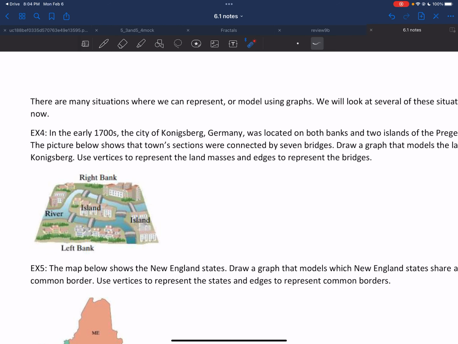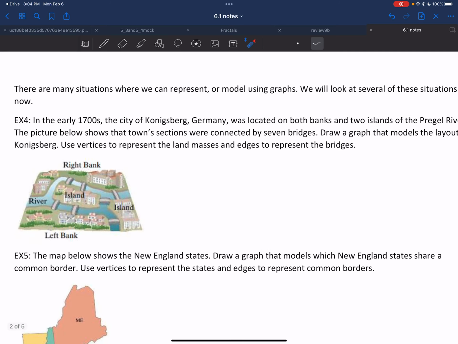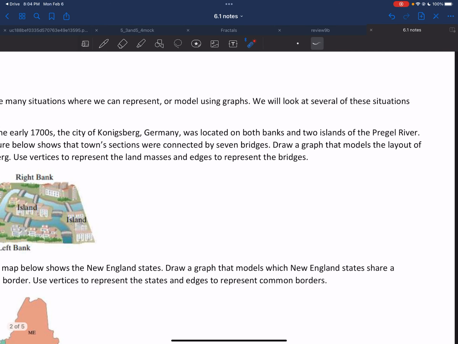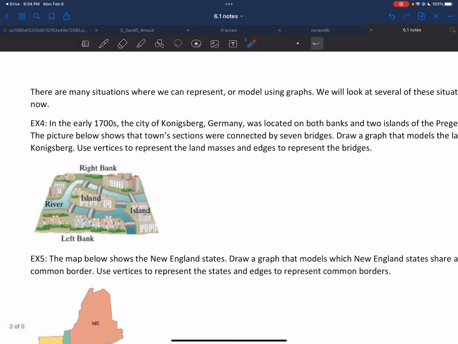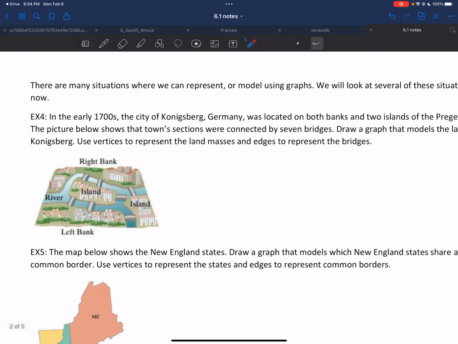In the early 1700s, the city of Königsberg, Germany, was located on both banks and 2 islands of the Pregel River. The picture below shows the town's sections were connected by 7 bridges. Draw a graph that models the layout of Königsberg. Use vertices to represent the land masses and edges to represent the bridges.